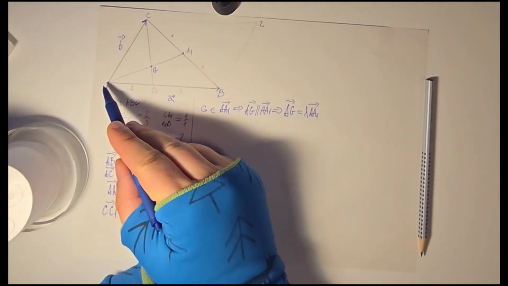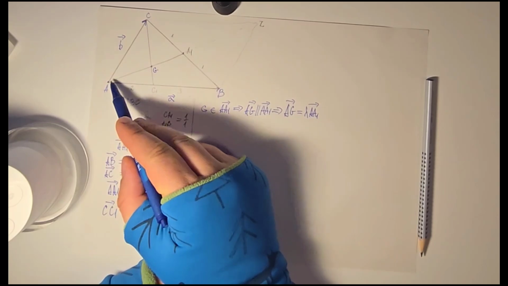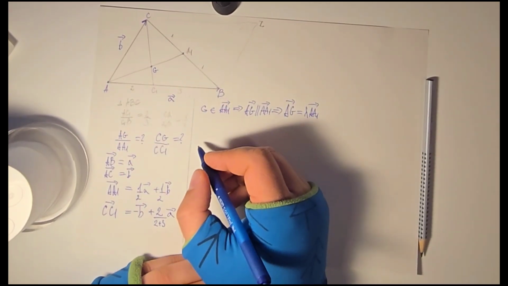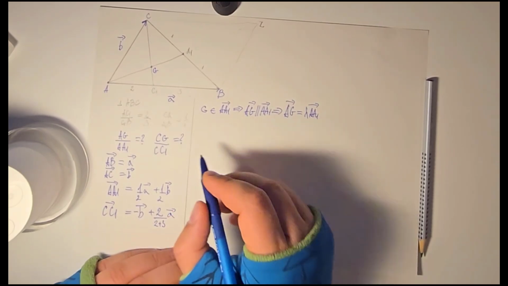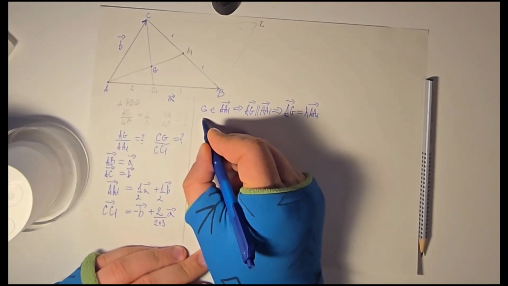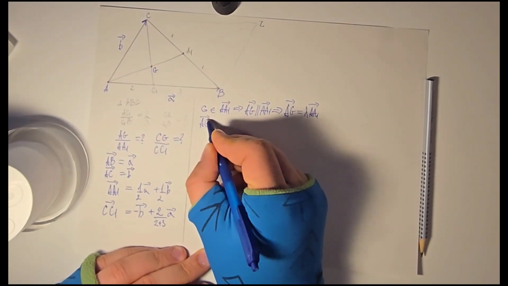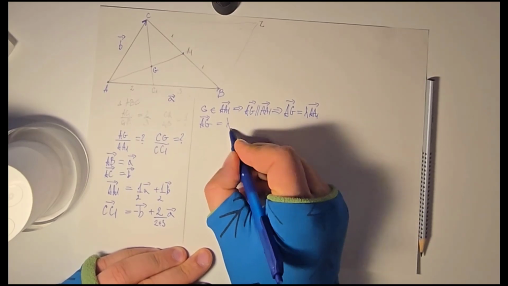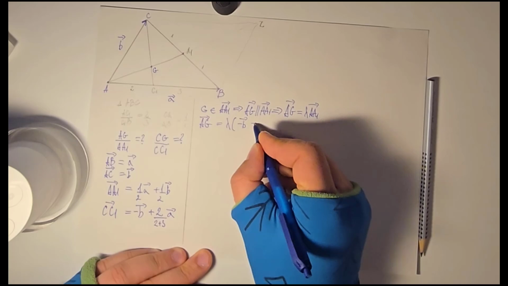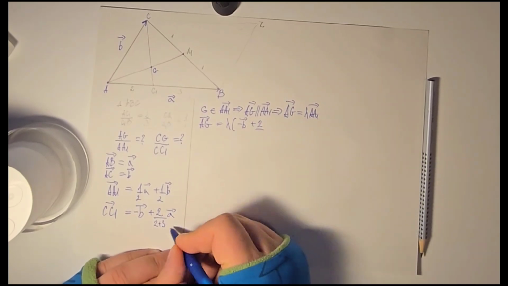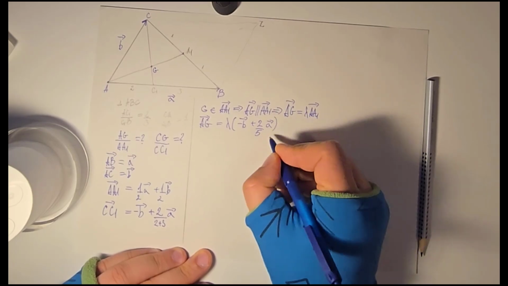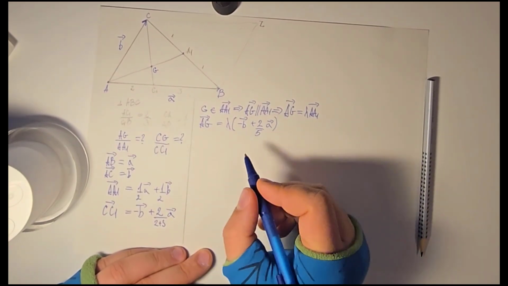Absolutely makes sense. This one can be expressed as something multiplied by this one, some scalar. And we can express this AA1 as this one. So we can continue with our analysis saying AG equals lambda of minus b plus 2/5 a. Okay, so far so good.